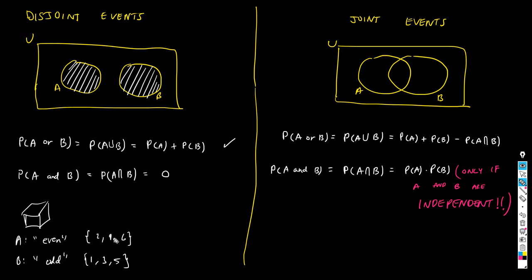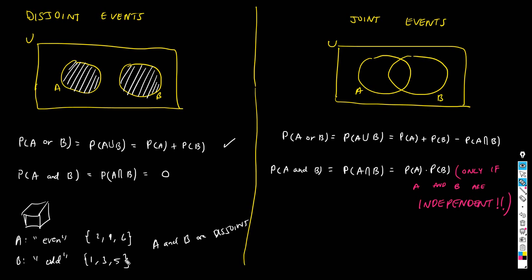A and B are clearly disjoint because they don't share any common outcome, and that means, guys, that if I ask for the probability of event A and event B happening at once, at the same time, that's an impossibility, because we cannot have the die coming up even and odd at the same time.